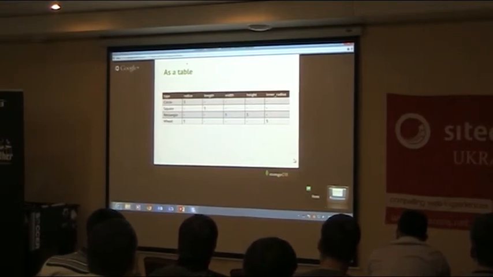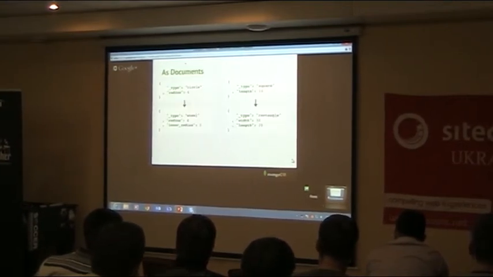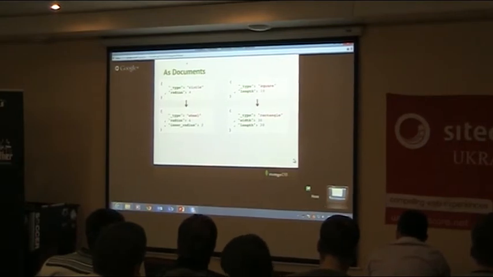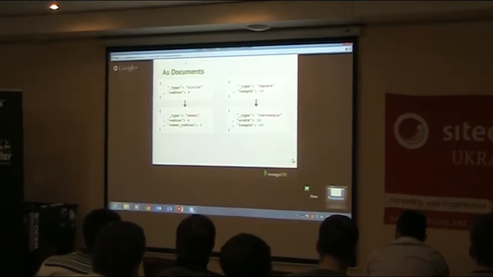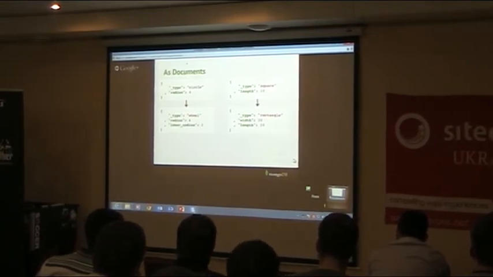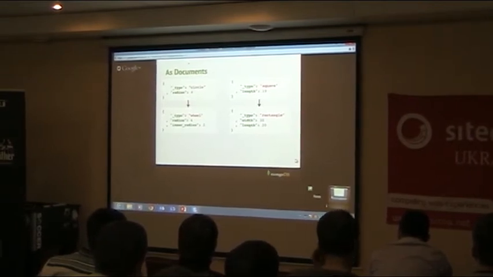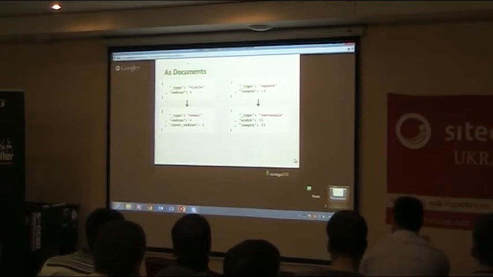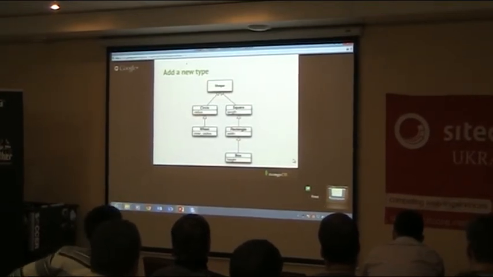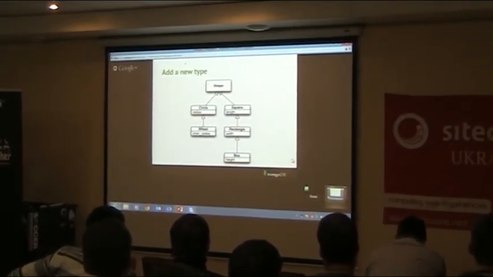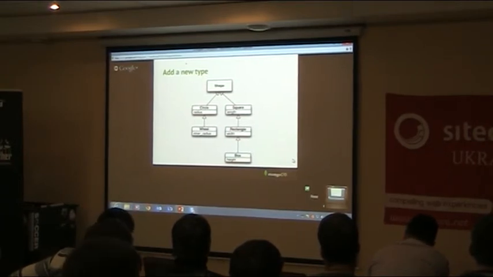You can do that. But with documents themselves, you have the schema embedded in them. They describe their own problem domain. So I can have a type, circle, and that will just have a radius. For a rectangle, I can have the type, the width, and the length. So you can just store the whole object domain in itself. Then, if you wanted to add a new type, for whatever reason, you want to add box, I know this is a simple example, but if you ever wanted to do that, there are no migrations to do.